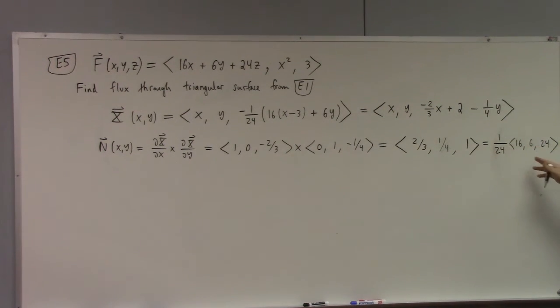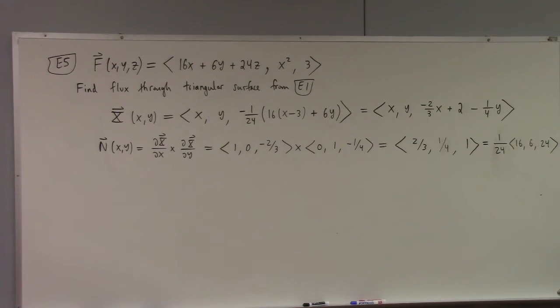I haven't checked it yet, but 16 over 24 is 2/3. 6 over 24 is 1/4. And of course, 24 over 24 is 1. So in fact, you can see that the normal vector field is, not surprisingly, in the same direction as the normal that we found for the other problem. Unfortunately, I wish you could just assume that the normal vector was what you already know from your previous work. It just doesn't quite work out that way, right?